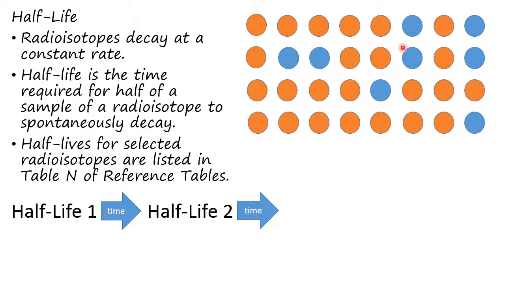And so again, the same amount of time will elapse. And at this point, half of the remaining radioisotopes will again decay. So since there are 8 radioisotopes remaining, half of them will decay, which will be 4. And so we should have 4 remaining by half-life 3. Okay, and we can continue this.